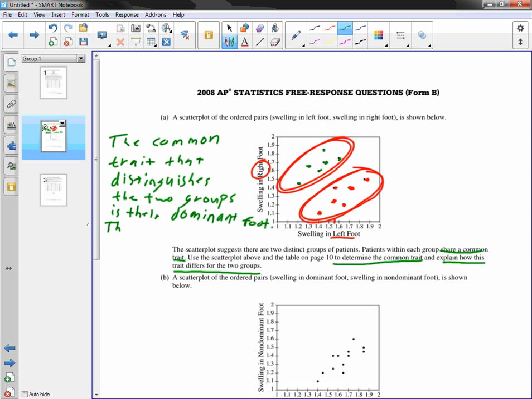The difference is the top group is right foot dominant, and the bottom is left foot dominant.